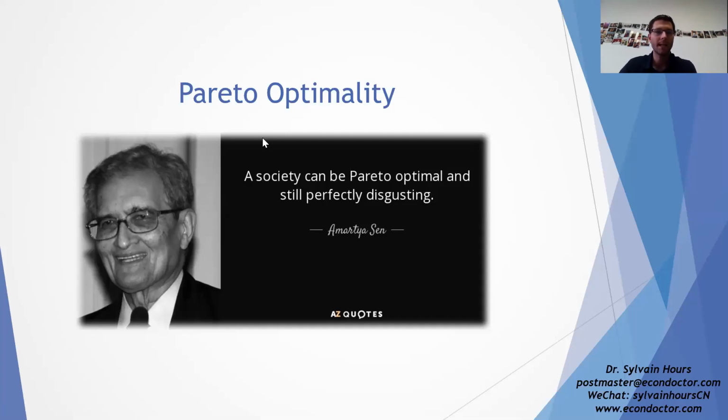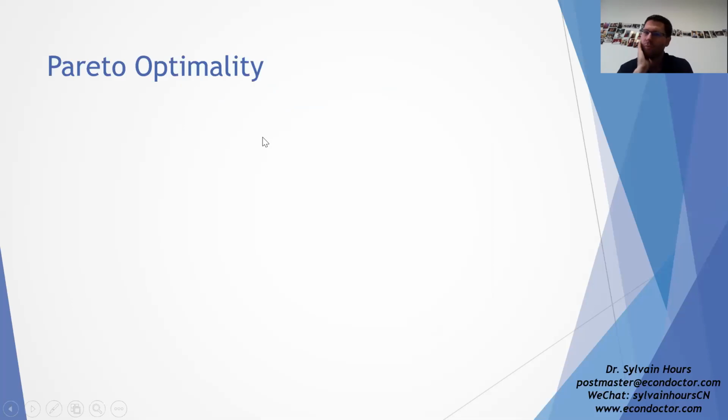So Pareto optimality is actually quite different from everything we said before, simply because when we study allocative efficiency and even productive efficiency in a market, we are in a setting that we call a partial equilibrium model, because we focus on one market and we ignore everything else. We ignore what is going on in other markets.